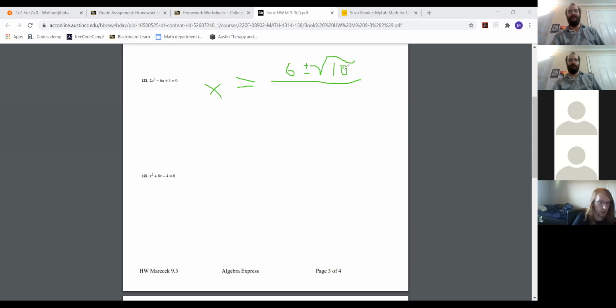I just figured that out from the previous one. And it was over 2 times 2, which should give you 4. So this sounds correct. And then this is 2 radical 3. So 6 plus or minus 2 radical 3 over what, 4?